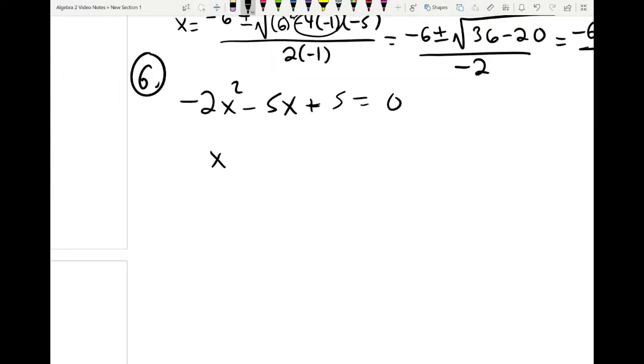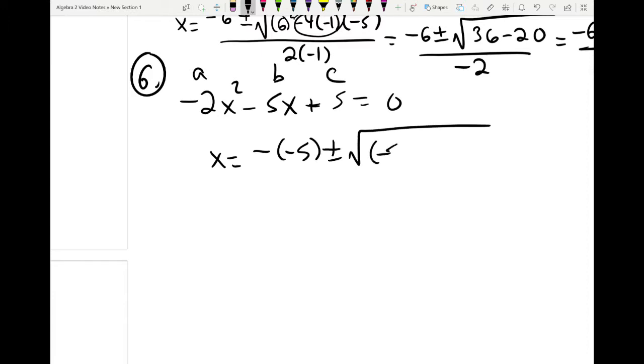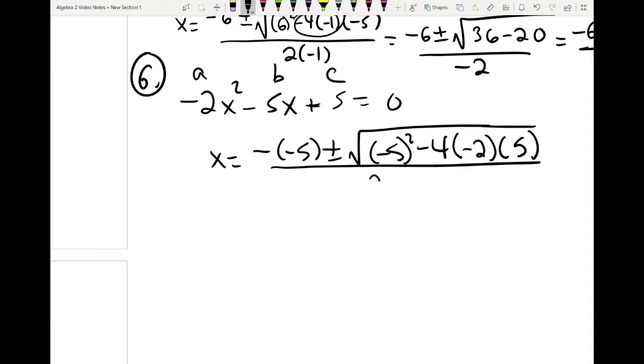So we got x is equal to, we got a, b, and c. So we got negative b plus or minus square root b squared minus 4 times a times c all over 2 times a.